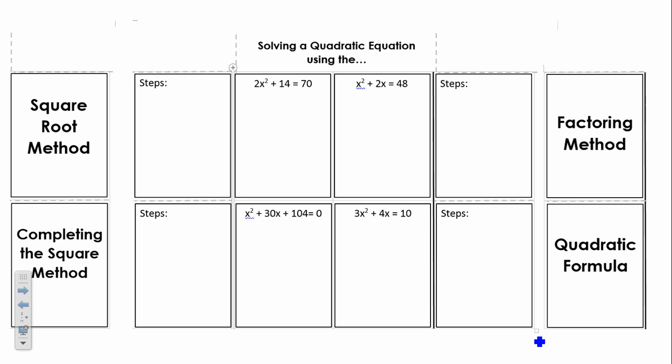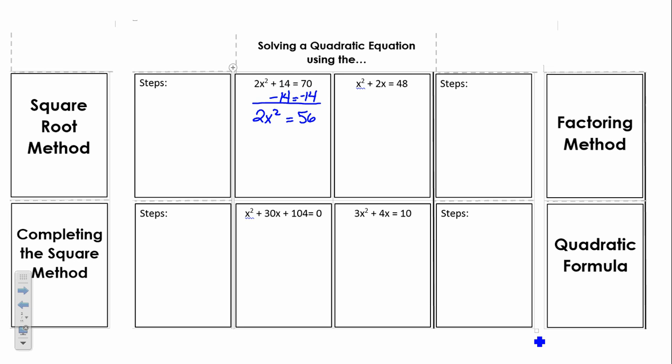Subtract 14. So when we take away 14 from both sides, we'll get 2x squared equals, and what's 70 minus 14? Okay.